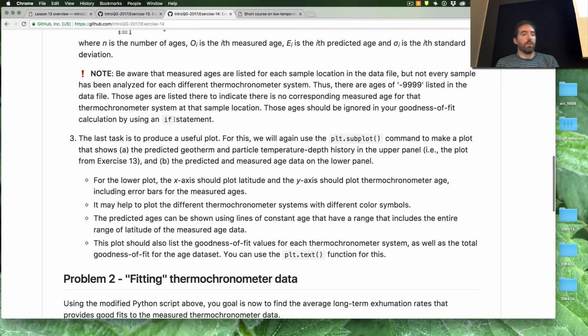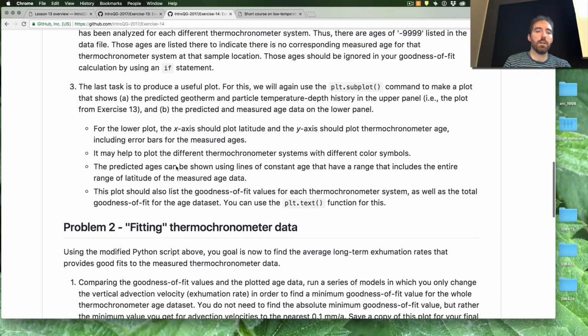And the only other significant change is you're going to have to add in a subplot so that you have two plots in the same window. And we've done that before, so hopefully that's not too much of a big challenge.